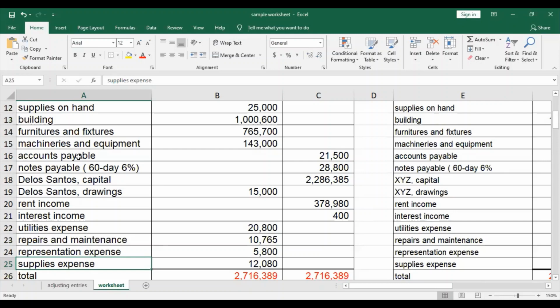So, ang sabi sa adjustments natin, your supplies used should be 17,241. Ang actual amount of used supplies mo daw or supplies expense mo is 17,241. The one that is recorded here on your unadjusted trial balance is only 12,080.